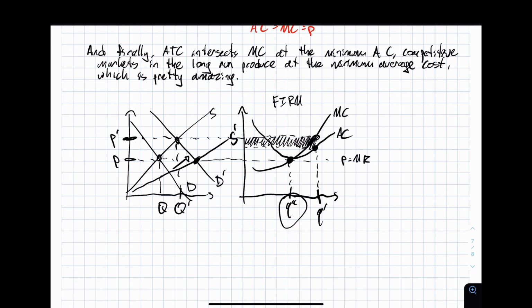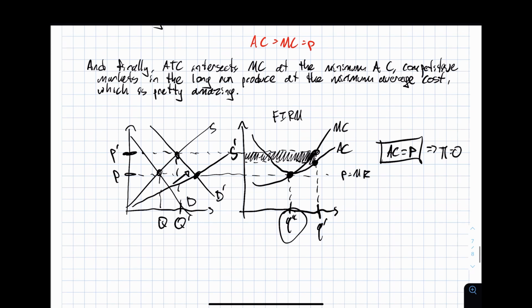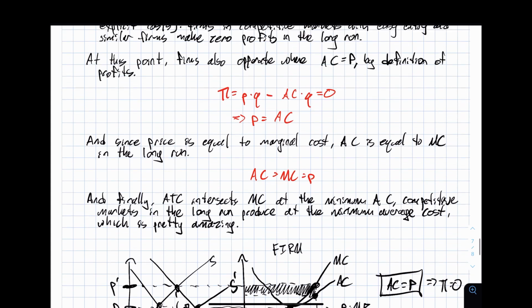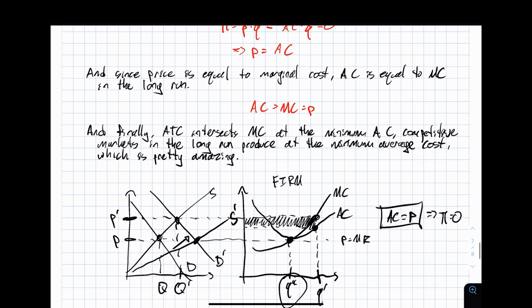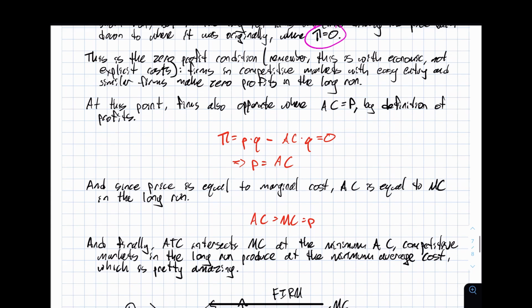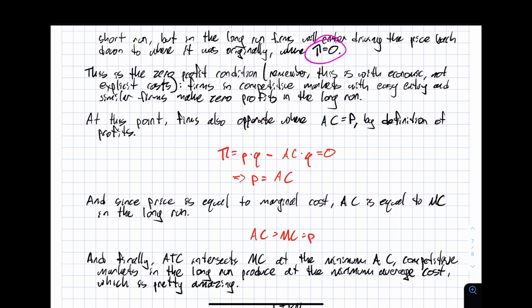And that means average cost is equal to price, which gives us profit of zero. And you could run through the same set of steps for a shift in of demand. Okay. So that's where the zero profit condition comes from.